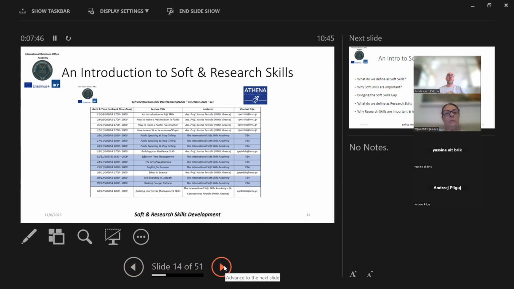through the course. So regarding soft skills, we are going to have lectures in time management, in creative and critical thinking, in problem solving, in cultural intelligence. Regarding research skills: how to write a paper, how to read a paper, how to submit a proposal, how to write an email, and how to build our resilience skills, how to do an interview.